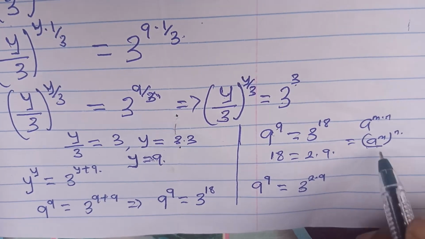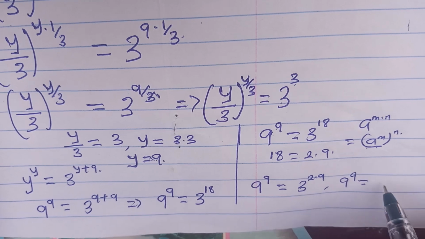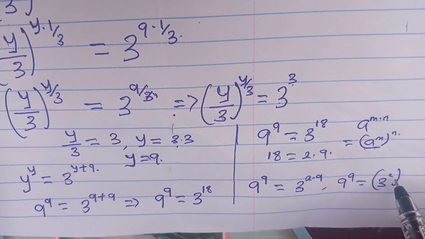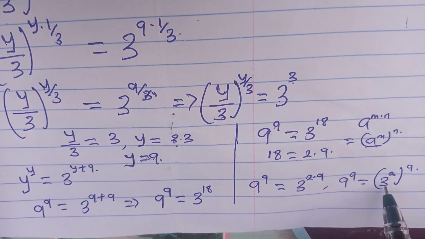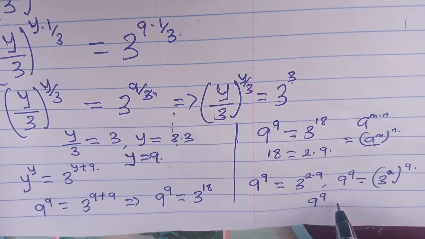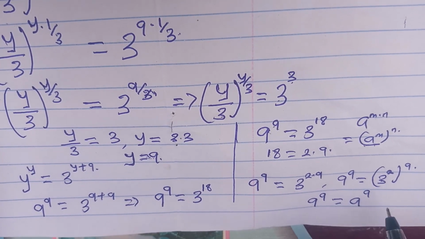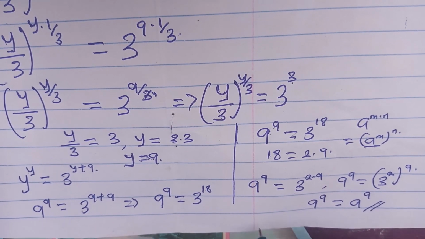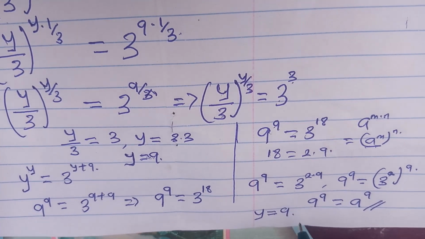So 9 to the power of 9 equals 3 to the power of 2, all to the power of 9. And 3 to the power of 2 gives us 9, so we have 9 to the power of 9 equals 9 to the power of 9. So the value of y in this challenge is correct. Recall, y equals 9.